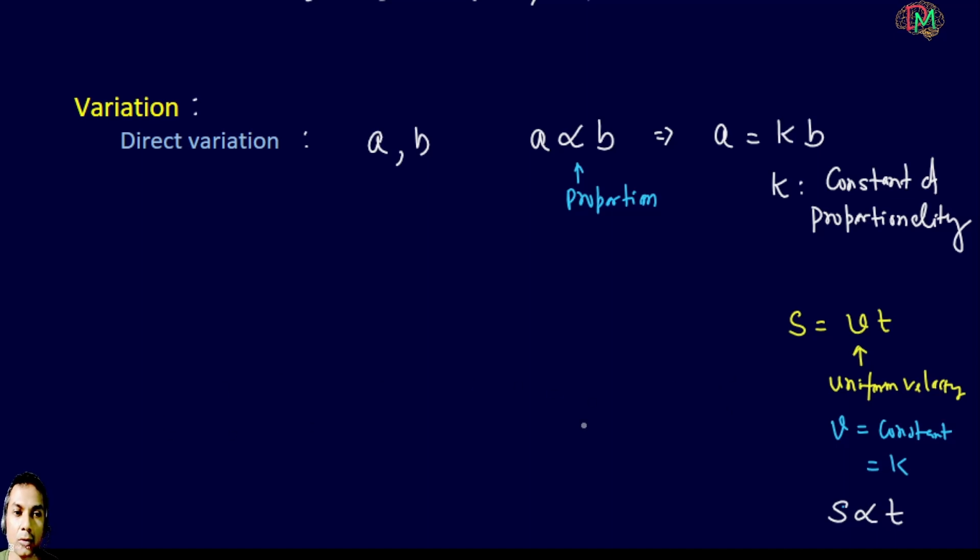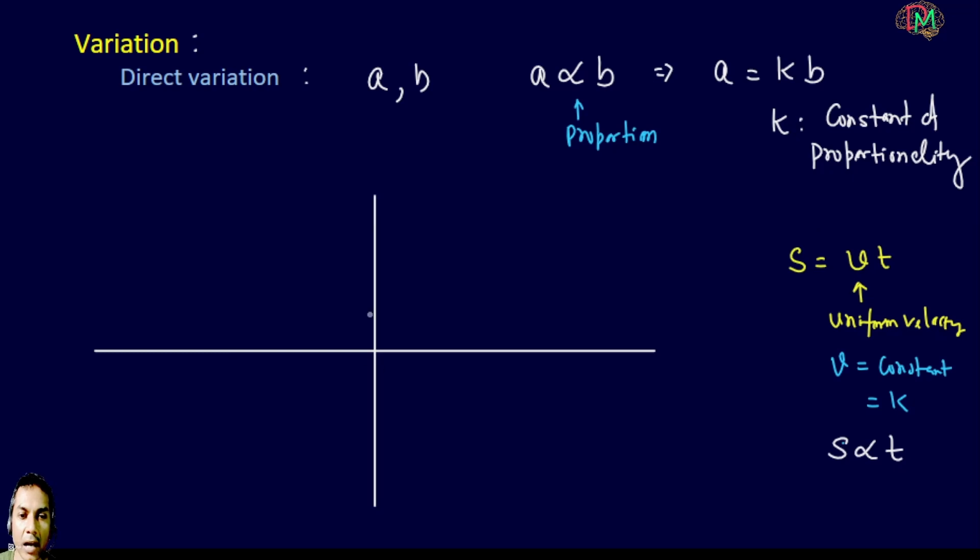So graphically we can see this. If along the x-axis we consider t, the time, and along the y-axis the distance traveled, this is the y-axis, this is the x-axis, this is the origin.